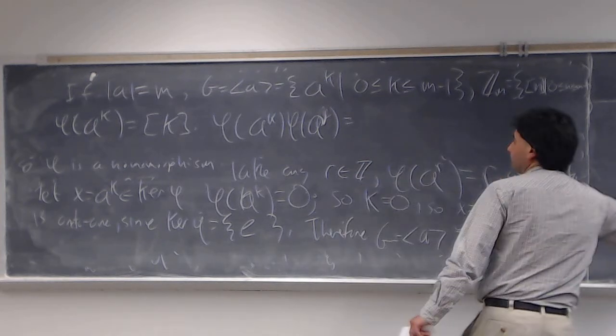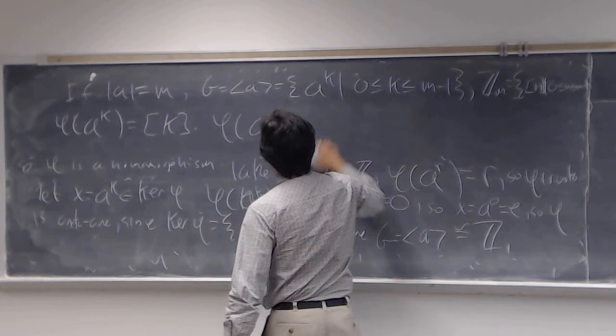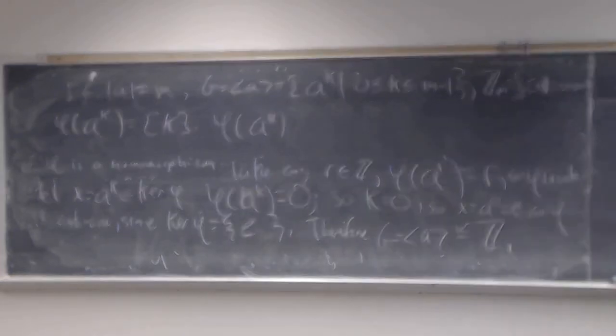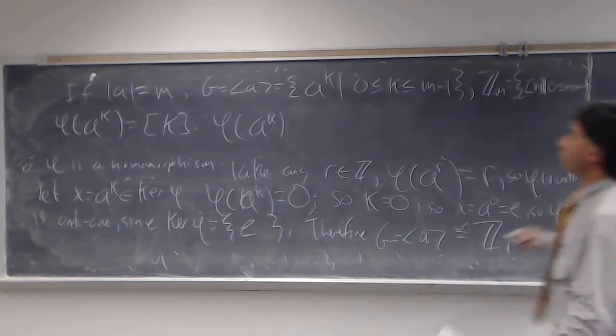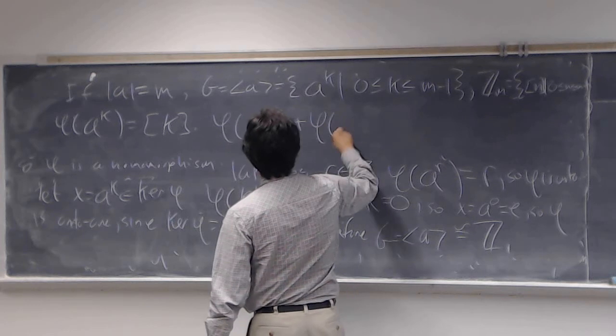Let me be careful with this, because what is the group operation? This phi of a to the k is an element of Zm. So the group operation in Zm would be addition. So we want to check what this is.